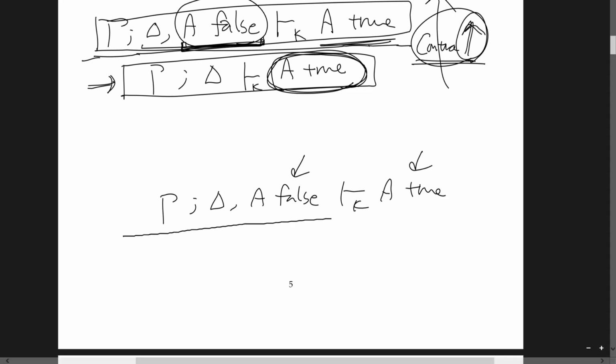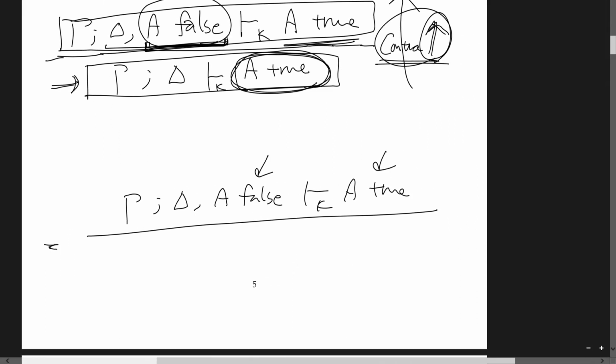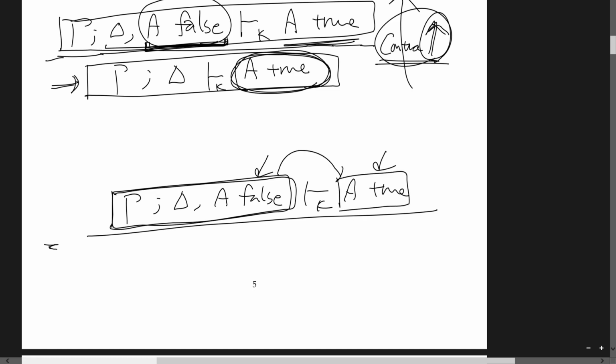Then you have just generated the contradiction, because this context can generate A true, which contradicts one of the assumptions, A false. So now whenever you have the same context, gamma, delta, A false, you can always show that a contradiction can be generated. Therefore, you can prove any judgment.